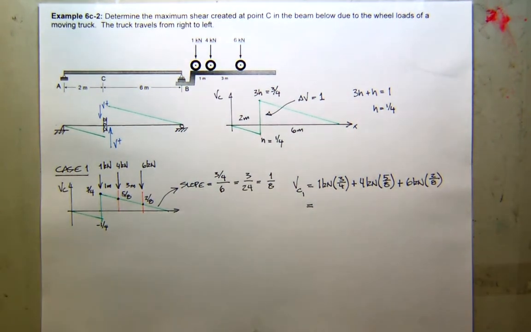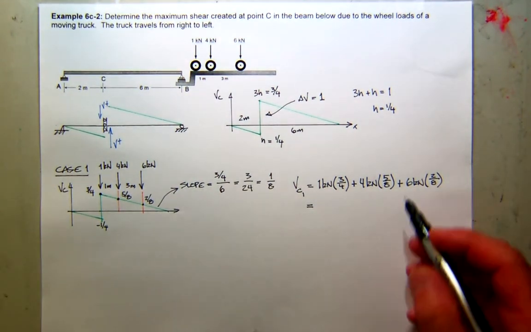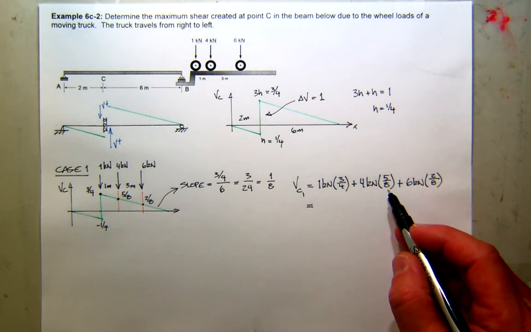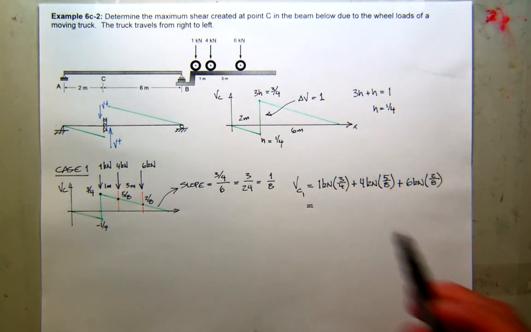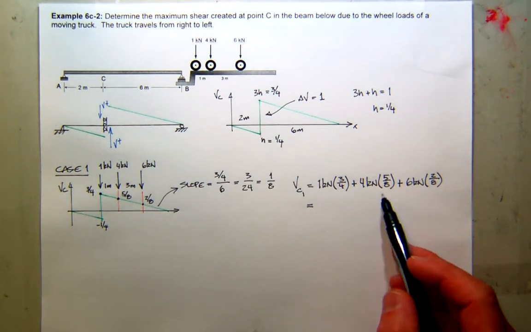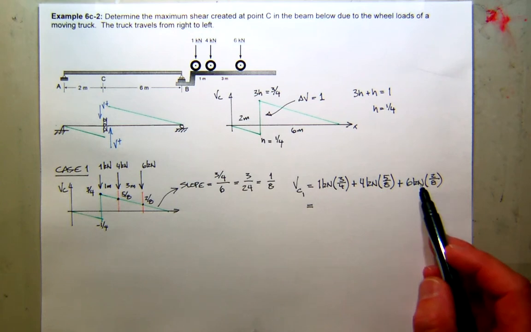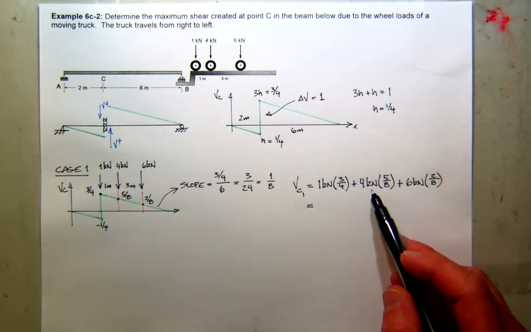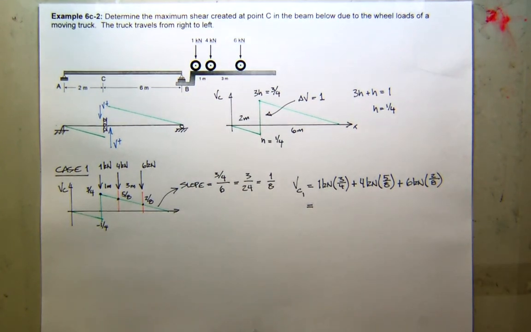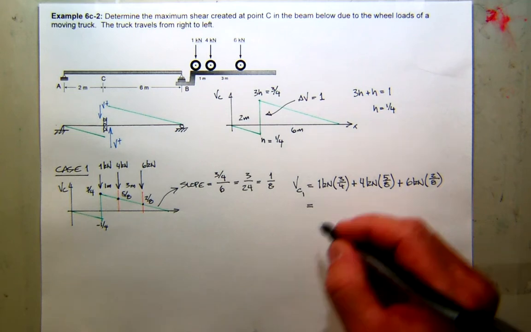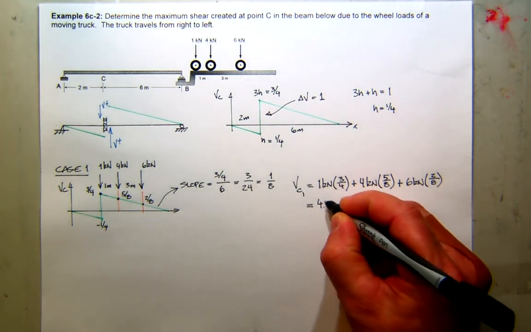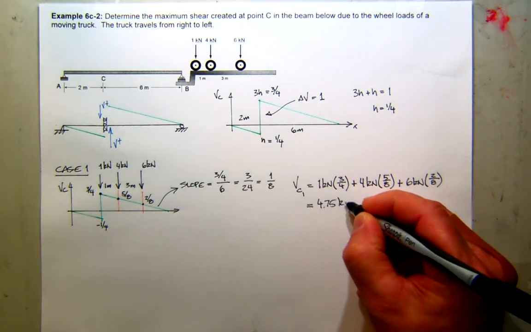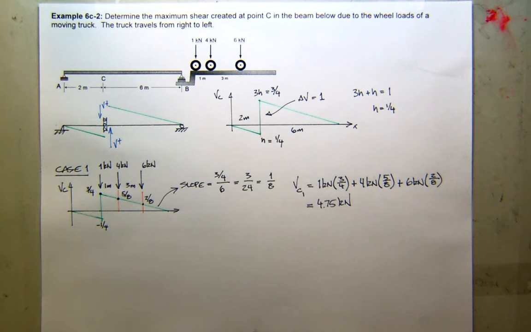What's all that? That's 3/4. That's 2.5. That's 1.5. That's 4.75 kilonewtons. Okay.